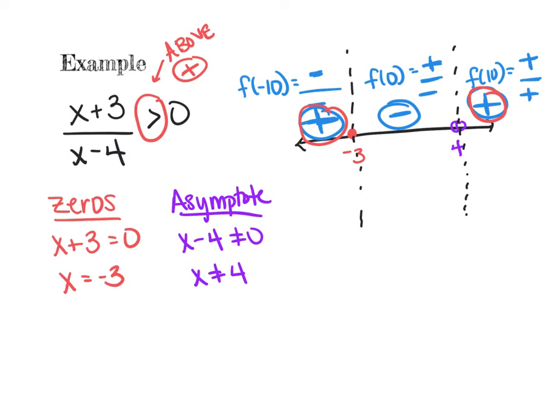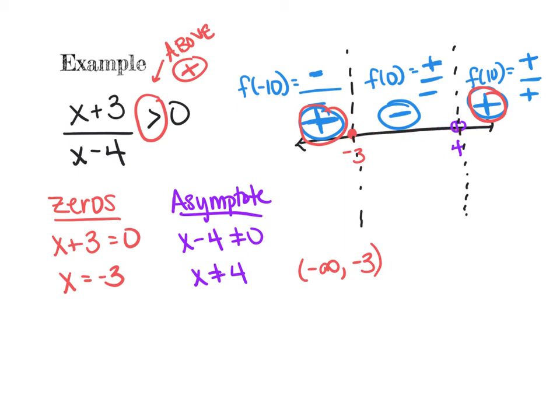Going from, on the left-hand side, that arrow means negative infinity, up to negative 3. And because there is no equal sign in this inequality, we won't include the actual zero, so we'll just do it in parentheses. And then we have a gap from here to here because it's negative in this interval.